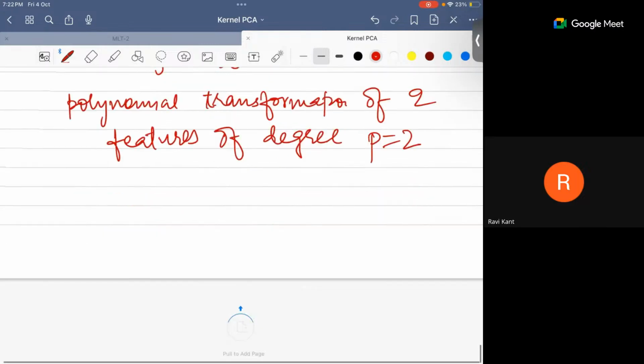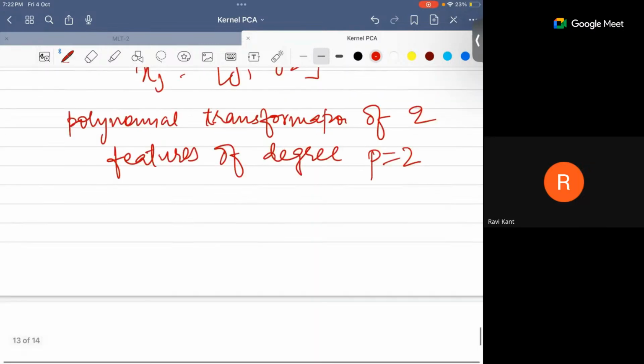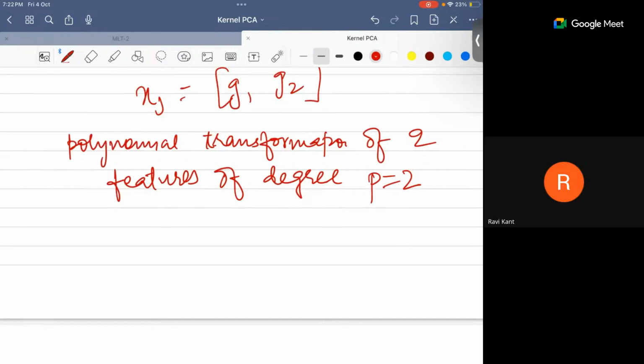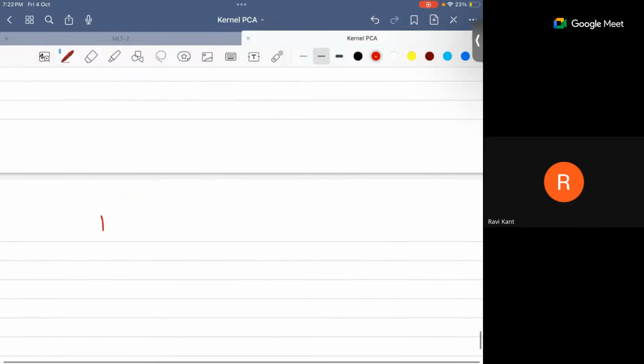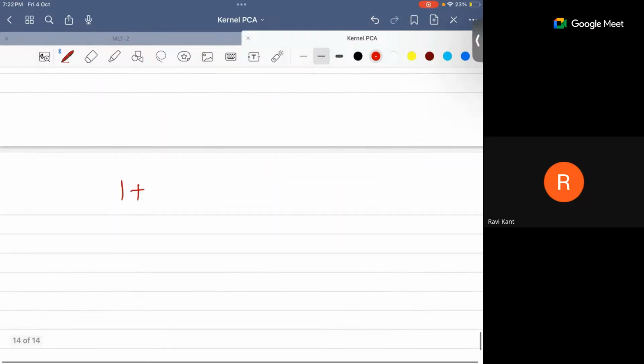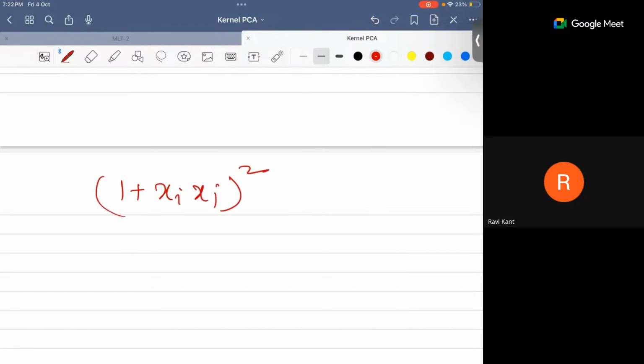So our polynomial function, just as a trial to check whether this function gives us the dot product or we are just taking it normally, let's say it was (1 plus x_i transpose x_j) to the power 2, correct?